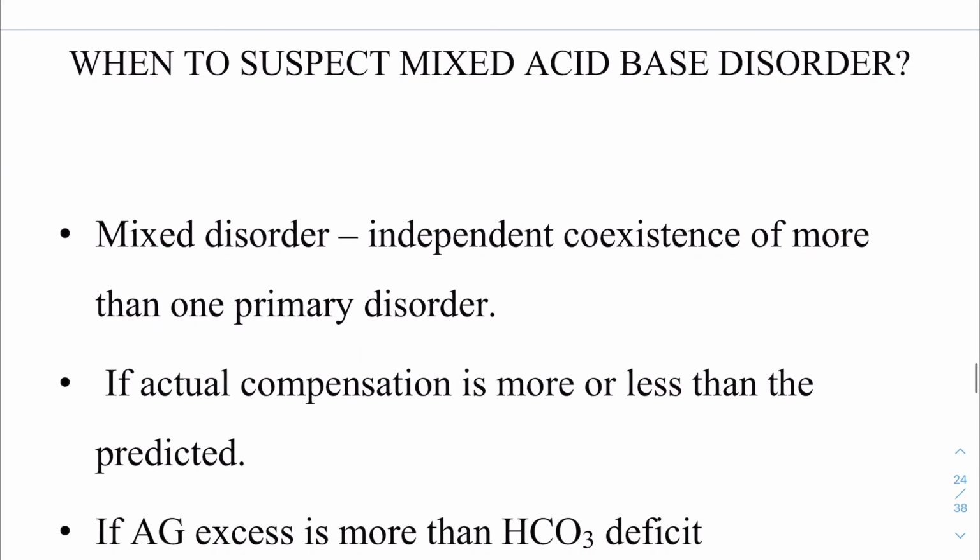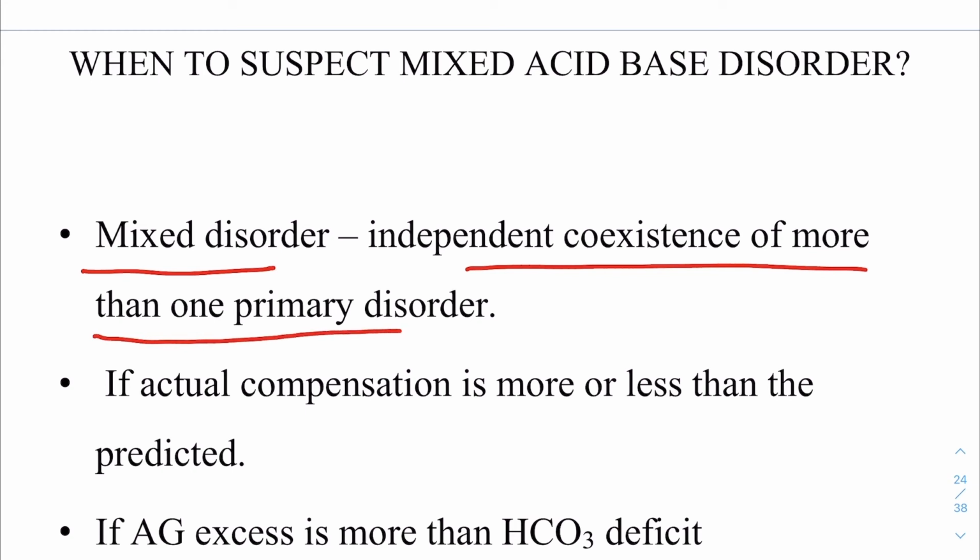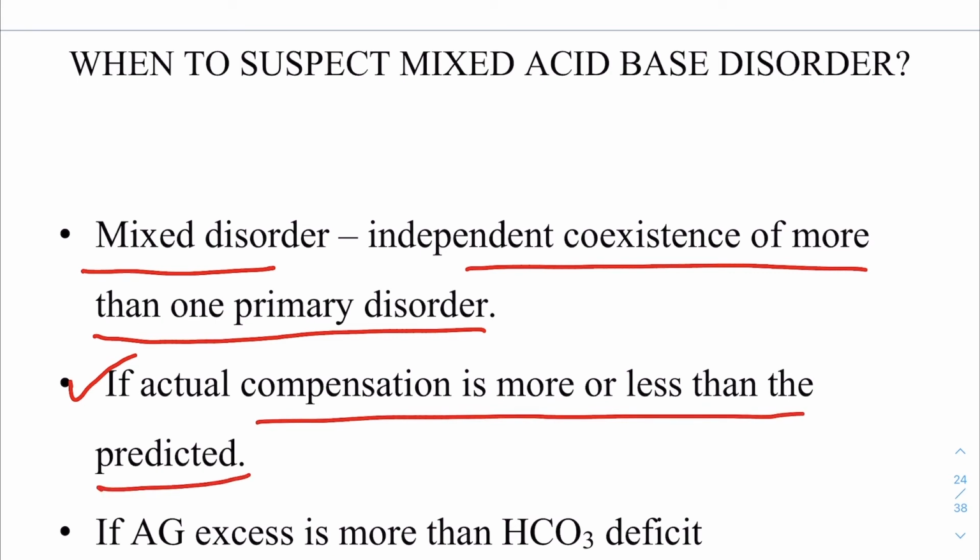When to suspect mixed acid-base disorder? It is not necessary that every time there will be only a single primary disorder. There may be a combination of primary disorders, which is known as mixed disorder. Mixed disorder means independent coexistence of more than one primary disorder. If actual compensation is more or less than the predicted, then we can think of a mixed disorder.